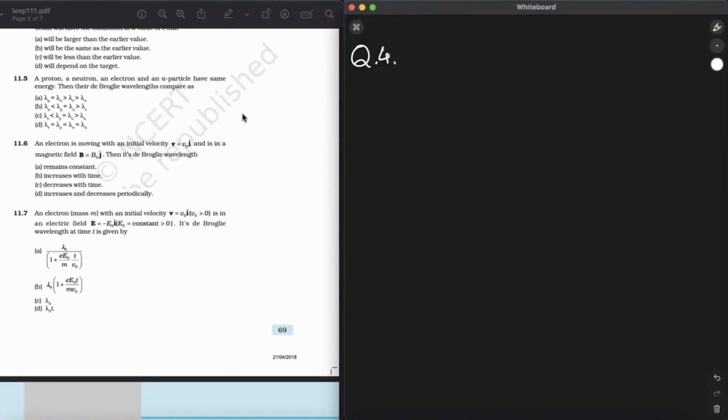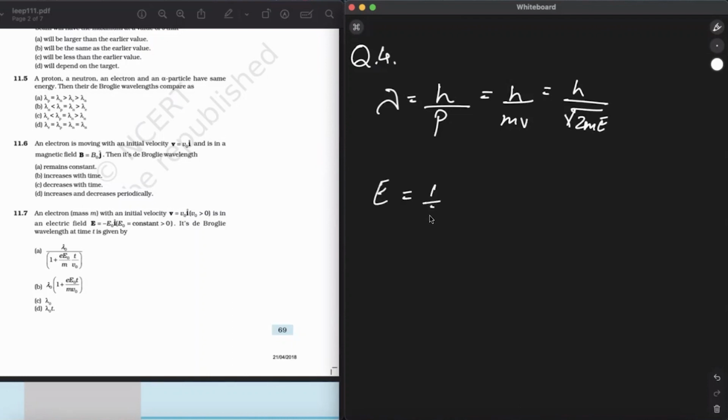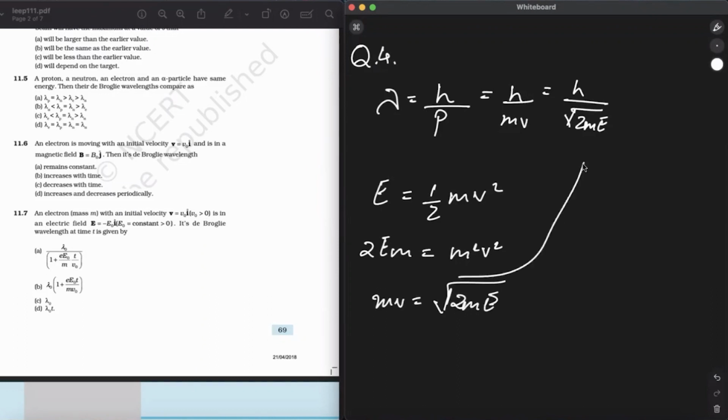De Broglie wavelength lambda is equal to h upon p. Kinetic energy is equal to half mv square, so 2Em is equal to m square v square. So mv is equal to under root 2mE. This is what I've done over here.